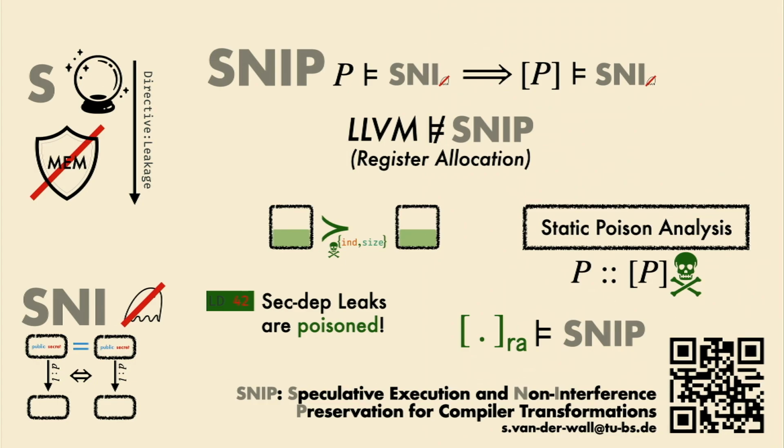Other questions? Did you evaluate for libsodium how many speculative load hardening instructions you need to insert to fix the problem? I only scouted. The way it happened is that I realized when I tried to prove register allocation correct, it didn't work. And so I was wondering, does it happen in real code?